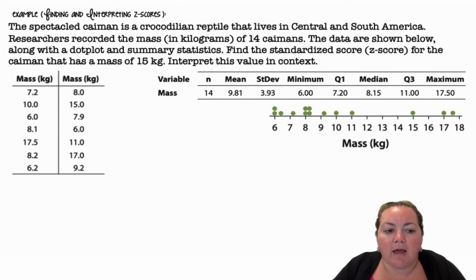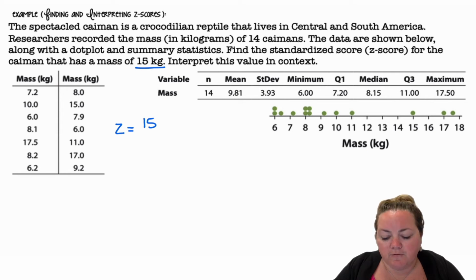So I have all of the data, I have a dot plot, and I have the summary statistics, which is the mean, the standard deviation, minimum, quartile 1, median, quartile 3, and maximum. Remember, we knew how to find that stuff from the last chapter. So I'm going to take that 15 kilograms and the mean and the standard deviation from the summary statistics and plug it into the z-score formula.